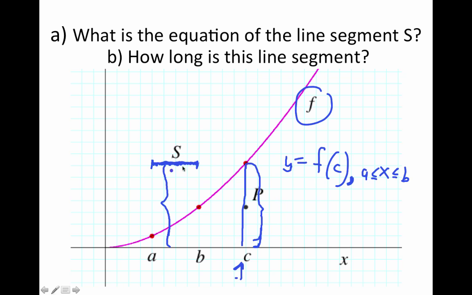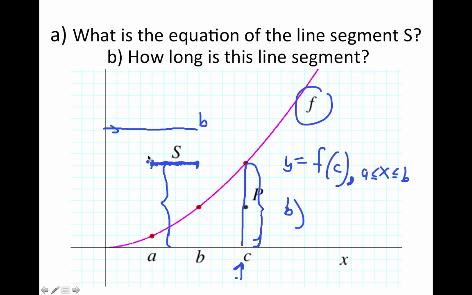If I wanted to know how long this line segment is, well, it goes from a to b. And you can think about that as, what are x coordinates again? Distance to the right from the y-axis. Here is a bar whose length represents b.